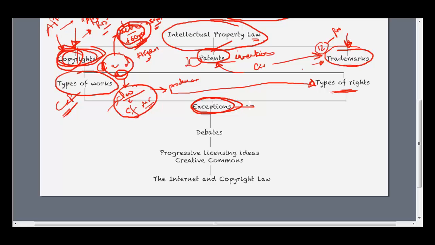Now, these are found in a place called Section 52 of the Copyright Act in India, and these list certain sorts of uses or certain sorts of situations where, although somebody may have copyright in a work or copyright subsists in that work, you may nonetheless be allowed to exploit that work or to make copies of that work or use it for different purposes.